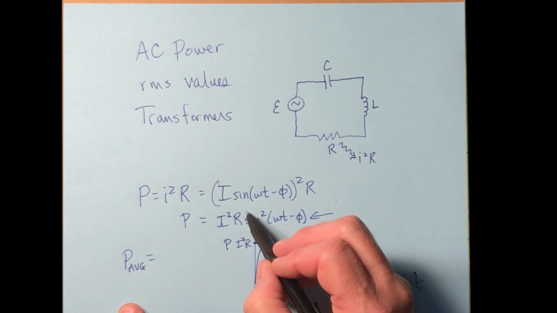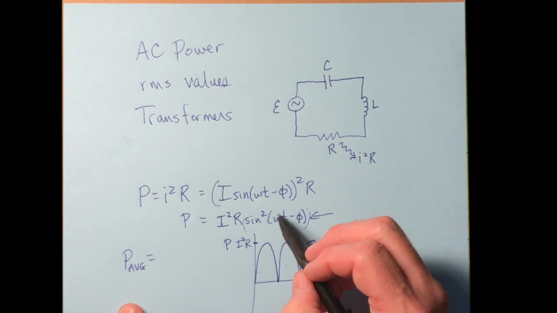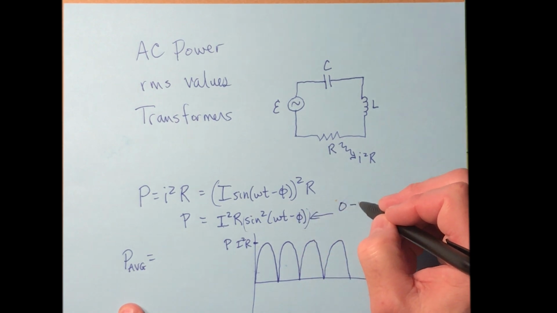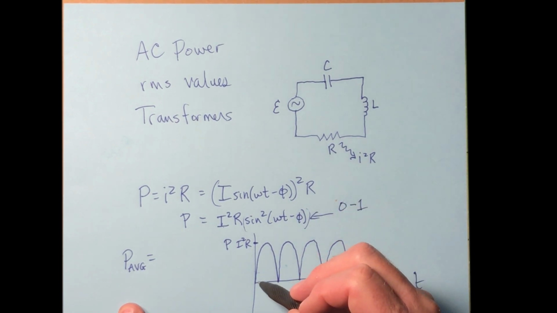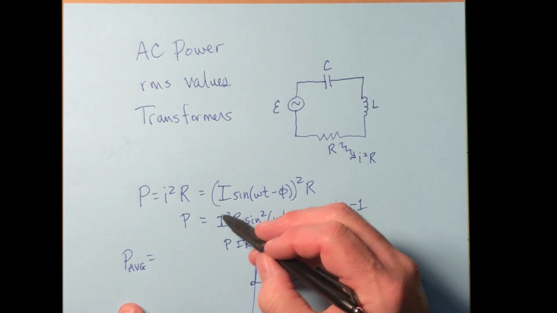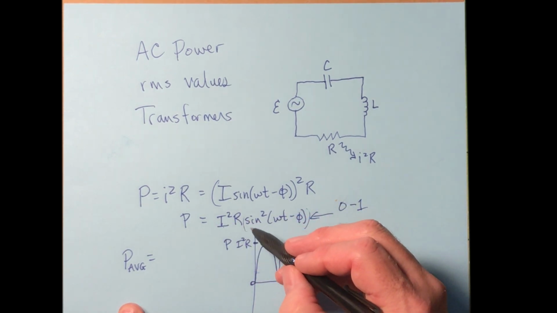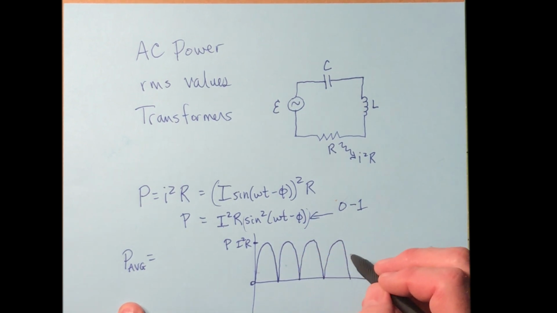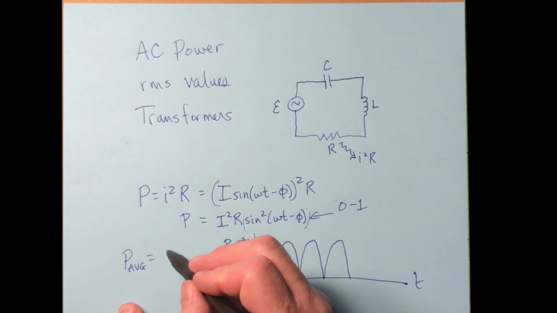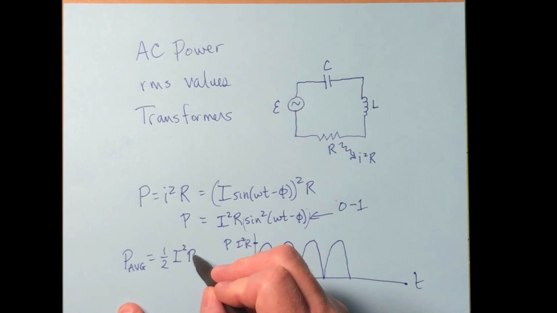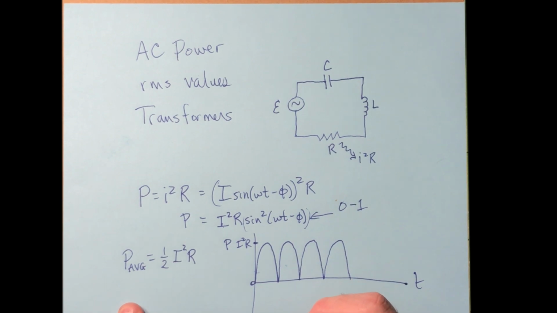So if we just look at the sine squared here, it's going to range between 0 and 1, because it's a squared. It goes from 0 to 1 without the coefficients out front. So the average of that is going to be a half. So 1/2 times I squared R, that would be the average power.